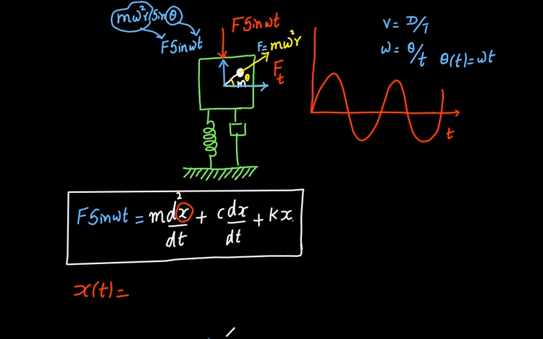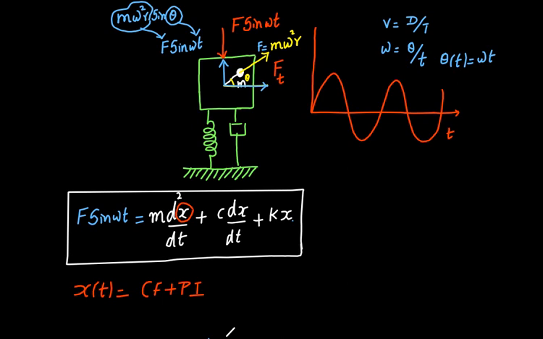How the displacement of the mass varies with time is given by two components. The first one is the complementary function, and the second one is the particular integral. Now, I really don't want to use the words complementary function and particular integral because they are not very intuitive.